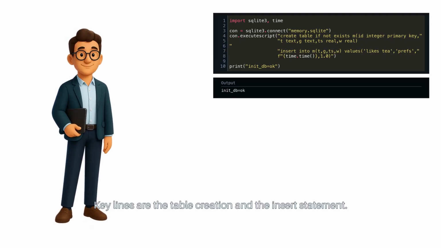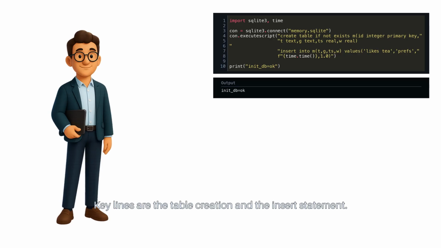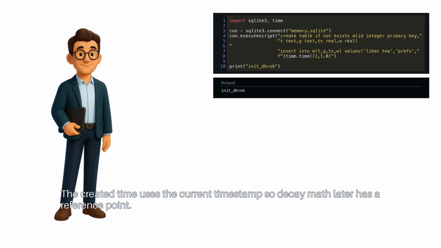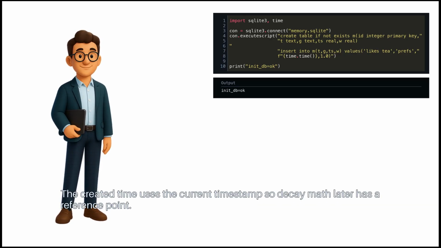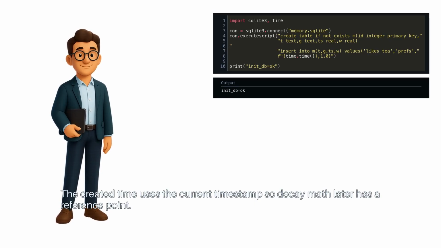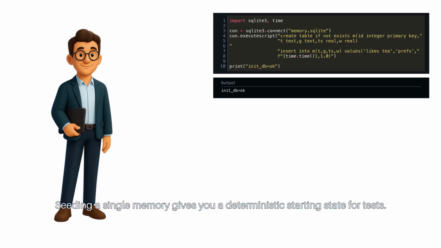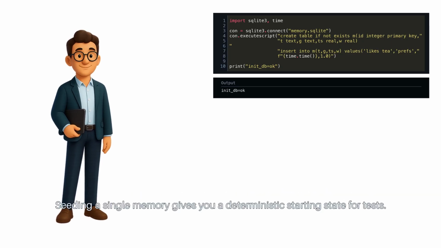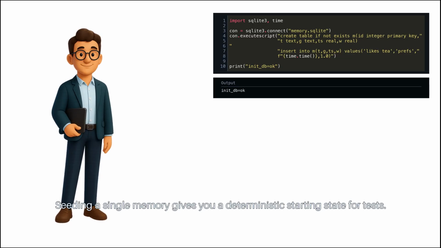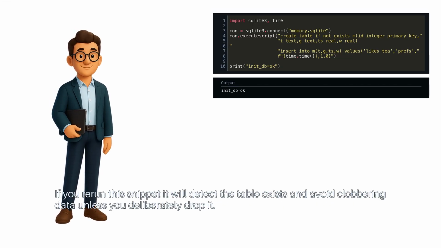Key lines are the table creation and the insert statement. The created time uses the current timestamp, so decay math later has a reference point. Seeding a single memory gives you a deterministic starting state for tests. If you rerun this snippet, it will detect the table exists and avoid clobbering data unless you deliberately drop it.